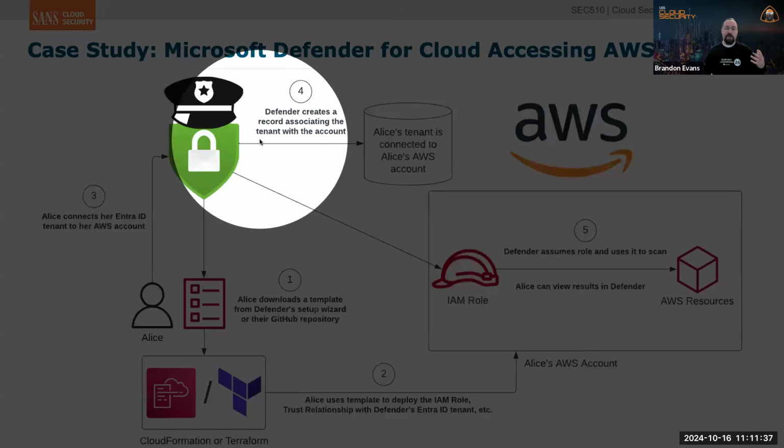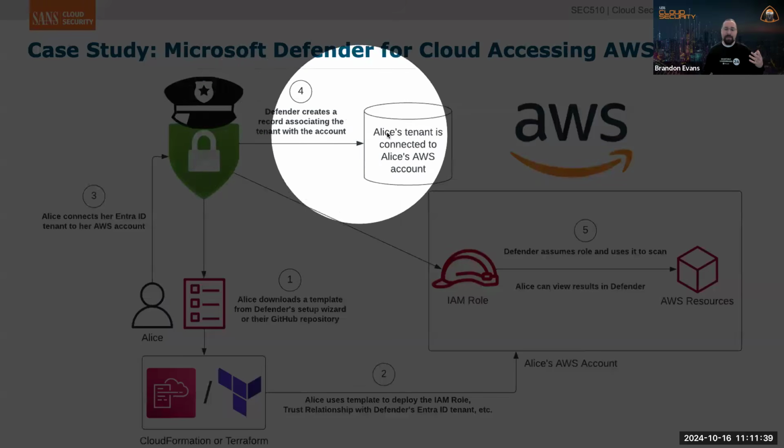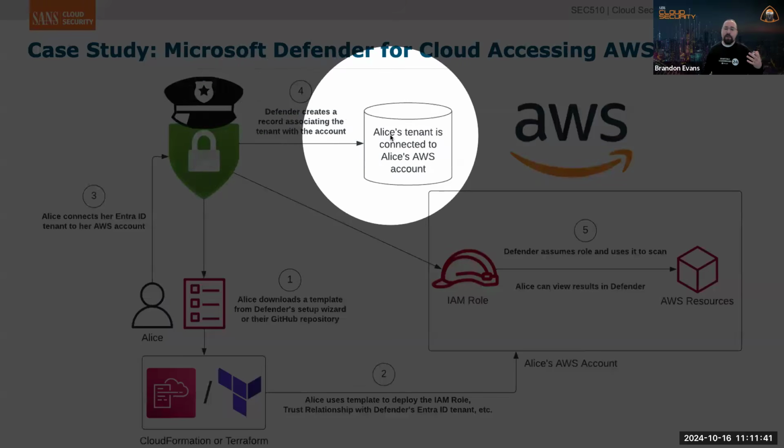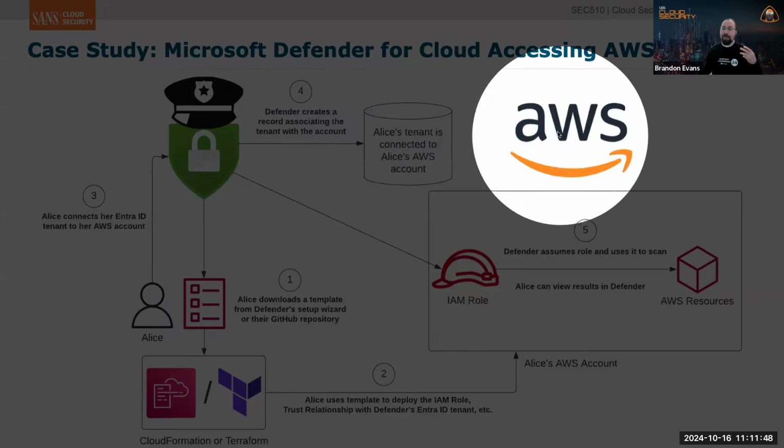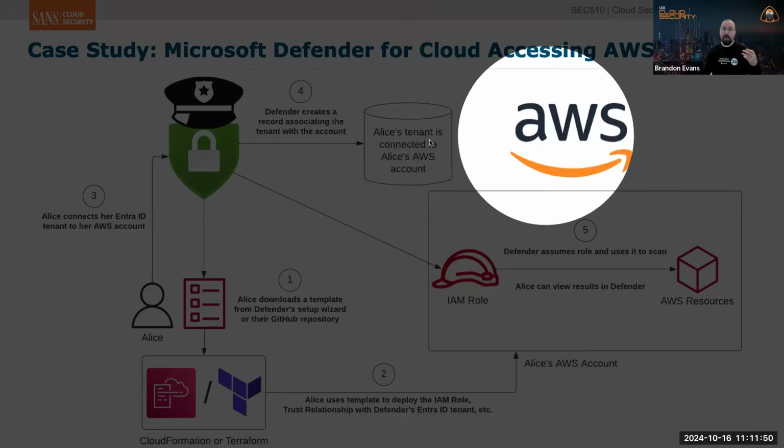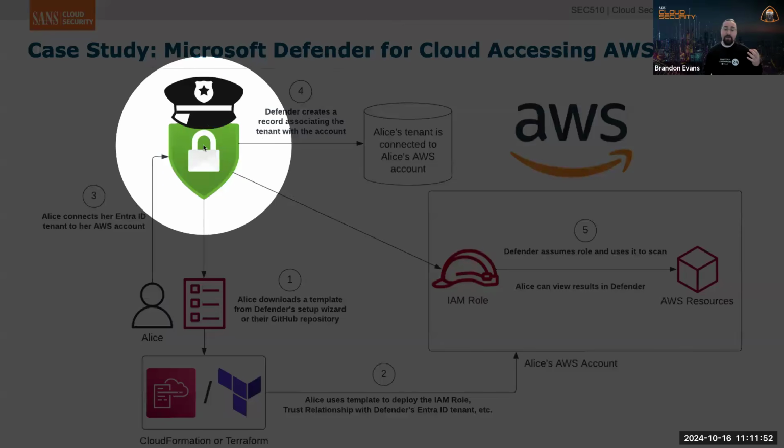So Microsoft Defender for Cloud is now going to create a database record. And the database record is going to say that Alice's Azure tenant, their Entra ID tenant, is associated with Alice's AWS account. So whenever I go to Microsoft Defender for Cloud, it's going to show me the results from Alice's AWS account.